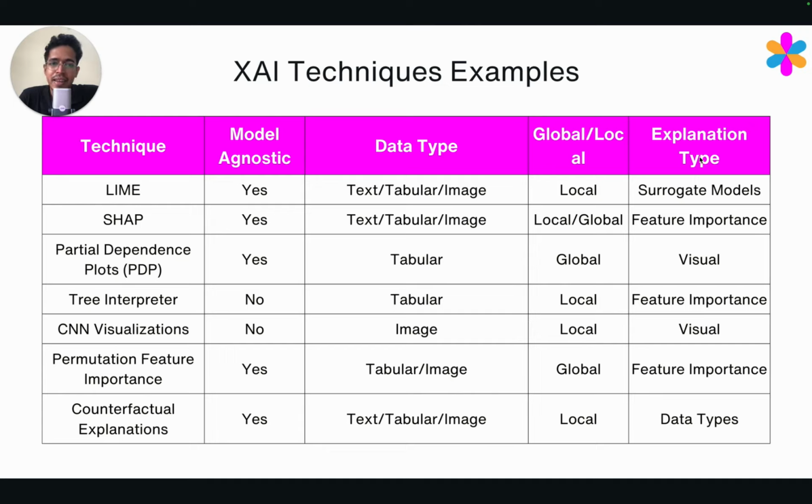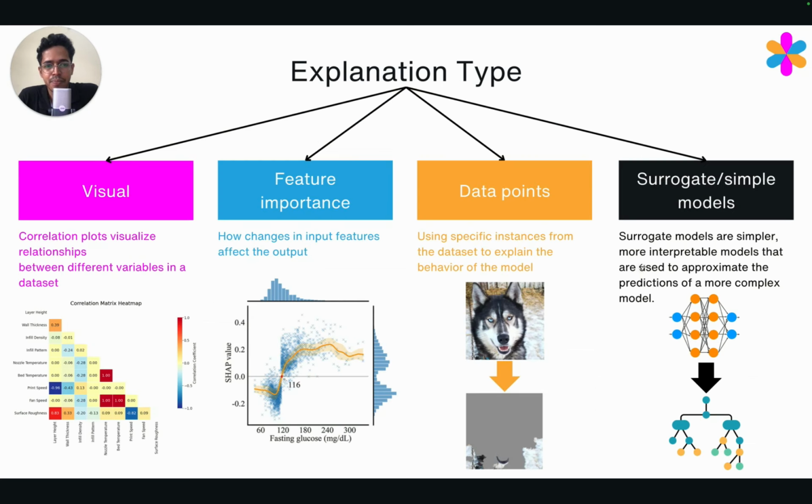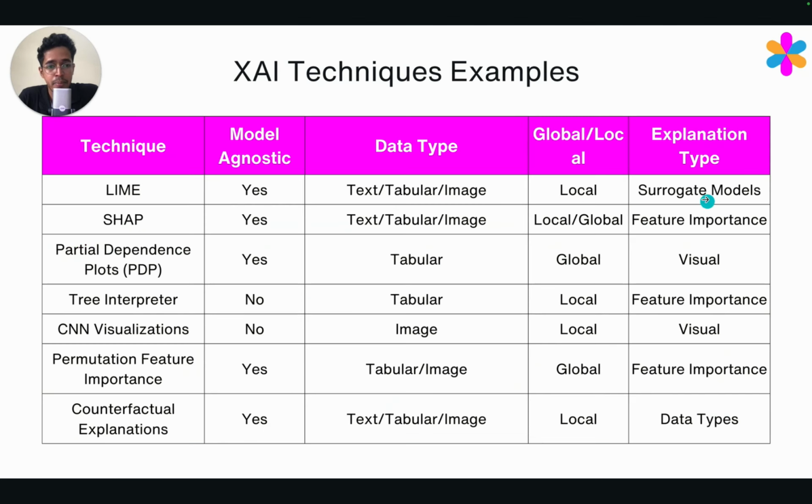And then the explanation type. Let me go back to the previous slide. There is visual, feature importance, data points, and surrogate or simple models. You can see that here. So you can see that the same technique is model agnostic. It applies for a bunch of data types. It is local. It is also a surrogate model, right?